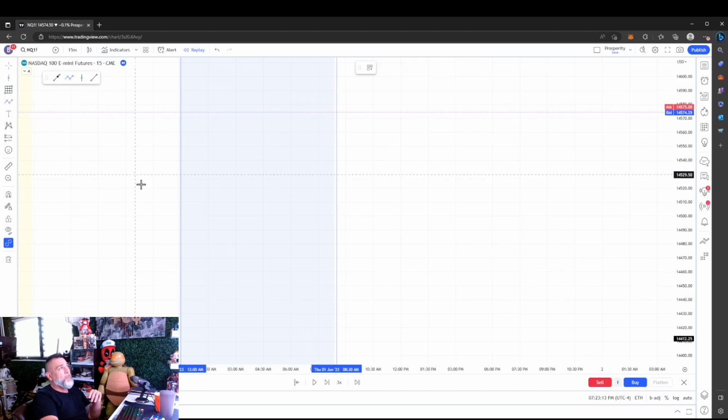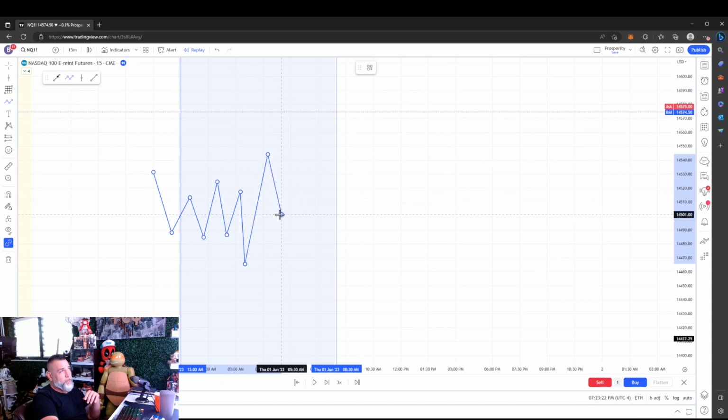And basically what we're waiting for is for the market. It could do whatever it wants within this time frame, right? Our time frame to trade is after 8:30.